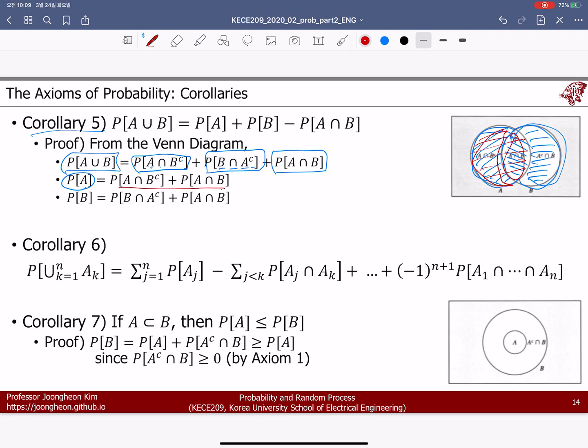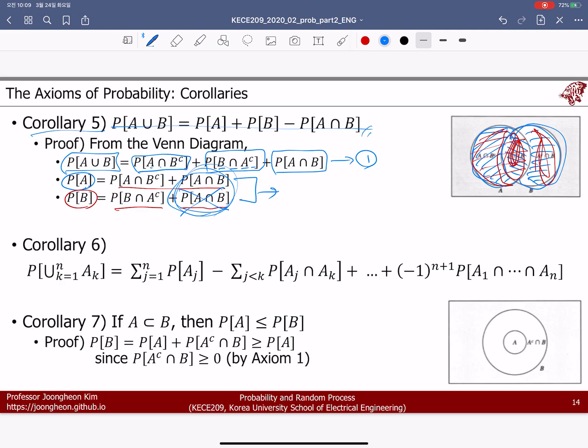B means this space and this space. That's why you have this one and you have this one. So when you do the summation of this, you can see that you have 2 times A intersection B, whereas the union has only 1 A intersection B. That's why you have to subtract 1 A intersection B. Okay, that's why you can get this result.